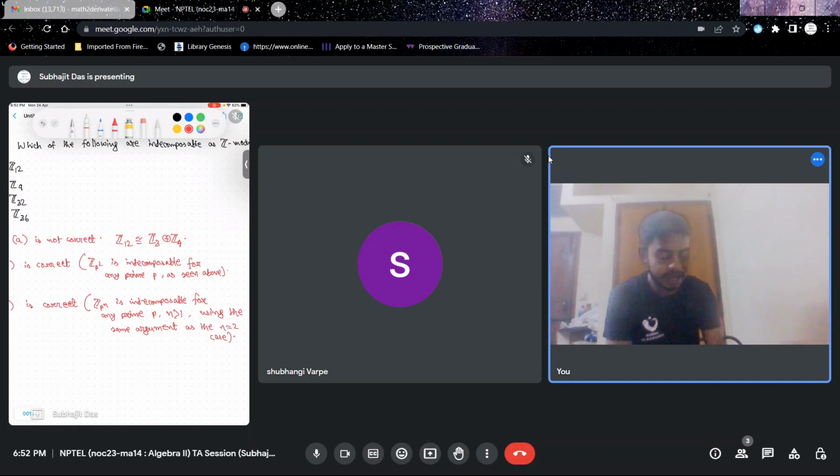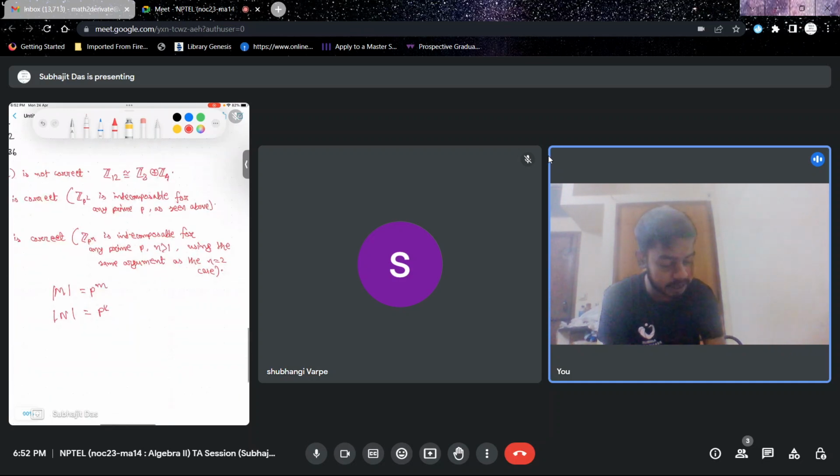What I mean is, assume M has order p to the power m, and assume N has order p to the power k, where both m and k are greater than or equal to 1, less than or equal to n minus 1. Then if you consider M direct sum N, every element here will have order at most maximum of m comma k. This you can check easily.